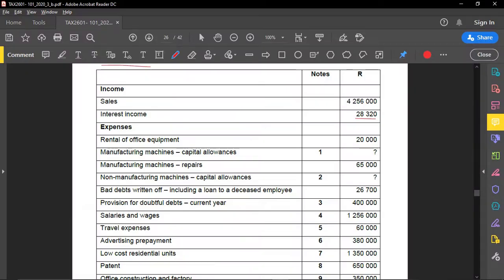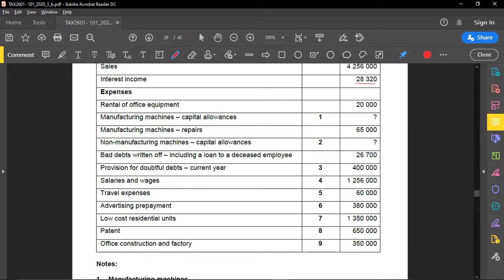Perfect. So that's your sales income, that's your interest income. Again, no notes, so we can't look at anything in terms of special legislation requirements of deductions or inclusions, depending on whether we're looking at expenses or income.